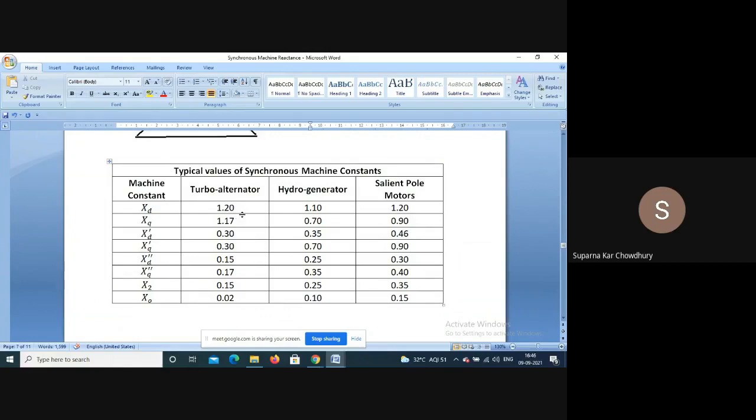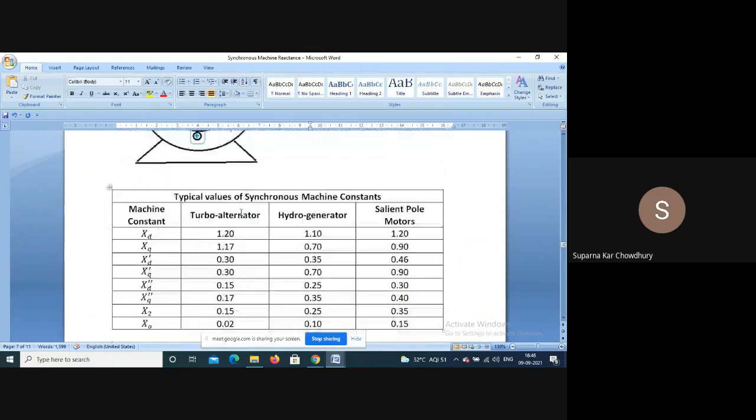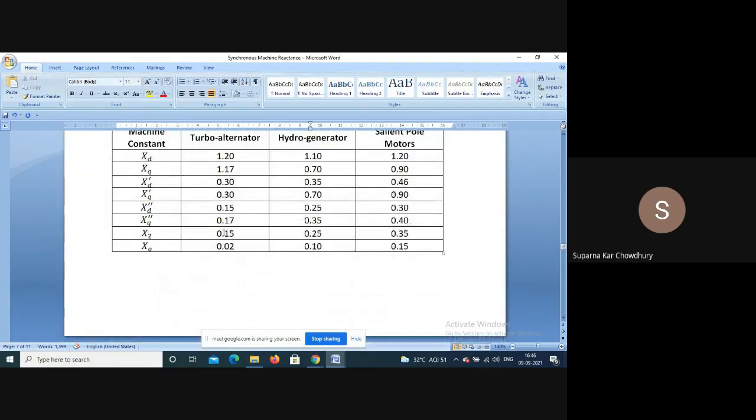That slight difference appears because of the slotting, because the field winding is distributed. In the position where there is a slot and where there is no slot, the reluctance will be slightly different. So there will be a slight difference in the values, but almost the same.